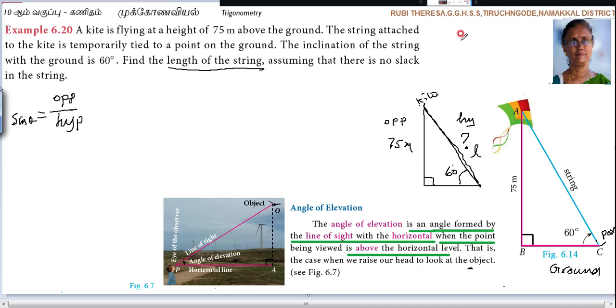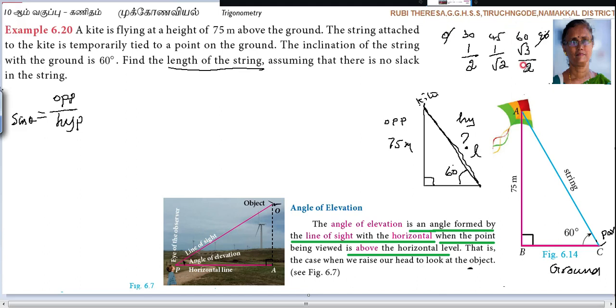I already told you the values for 0, 30, 45, 60, 90. Leave 90 and 0. For the 3 values: 30 gives 1 by 2, 45 gives 1 by root 2, and 60 gives root 3 by 2.